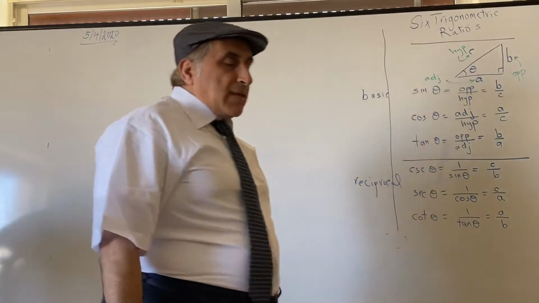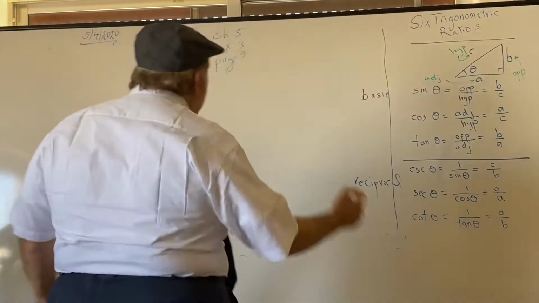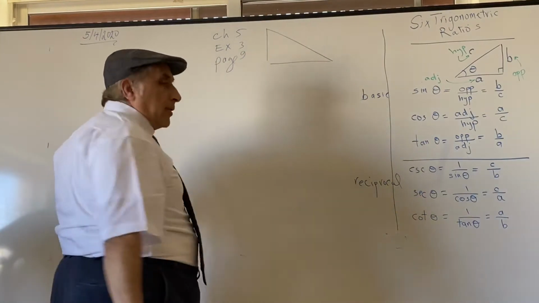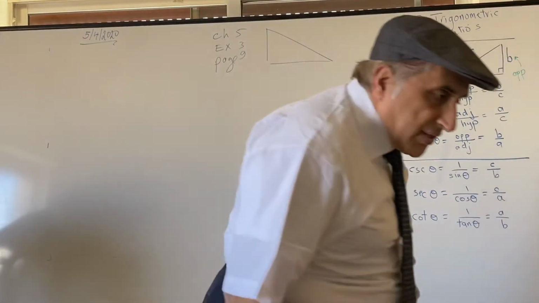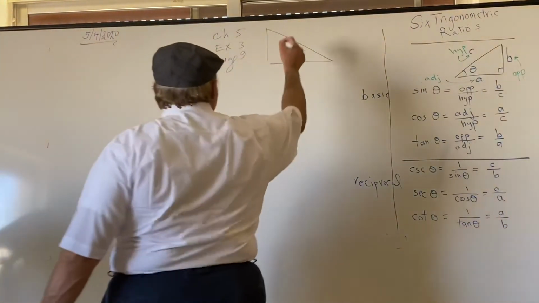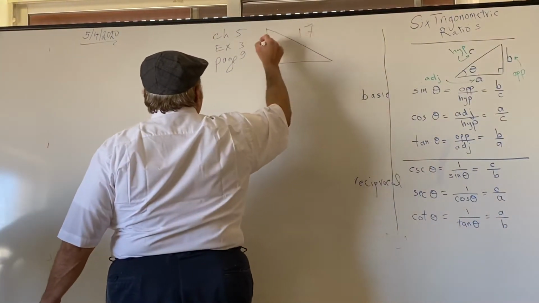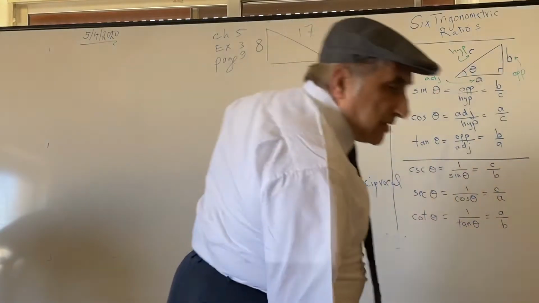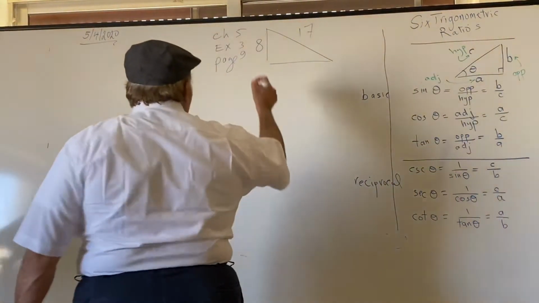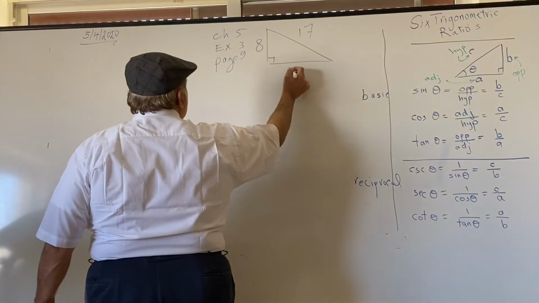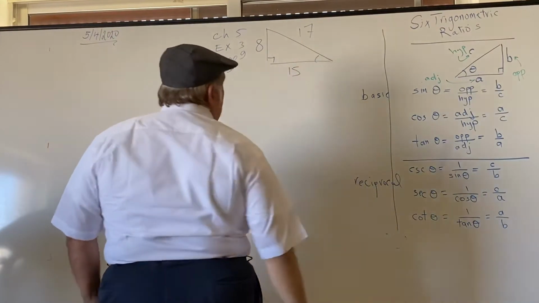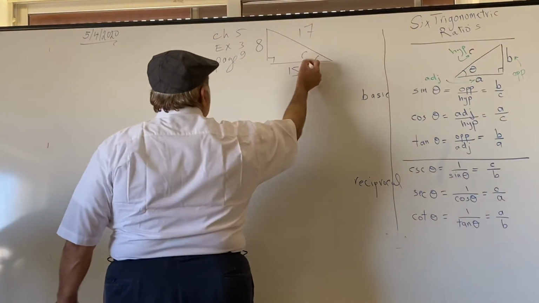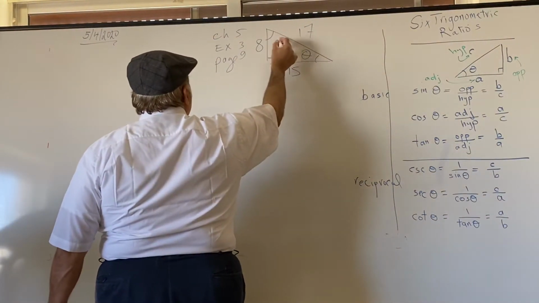This question simply says we have a right angle triangle. The hypotenuse is 17. And this side is 8. And the third side has a length of 15. This angle is labeled as theta, and this angle is labeled as alpha.